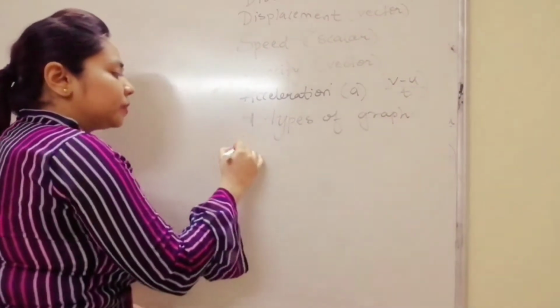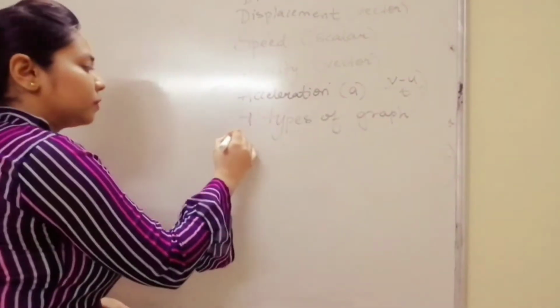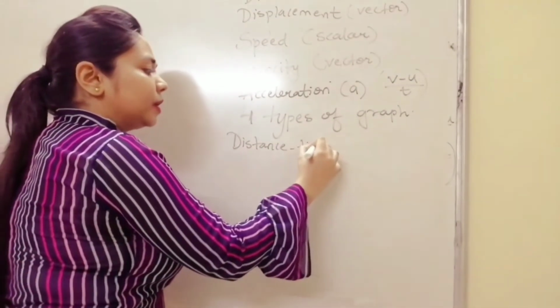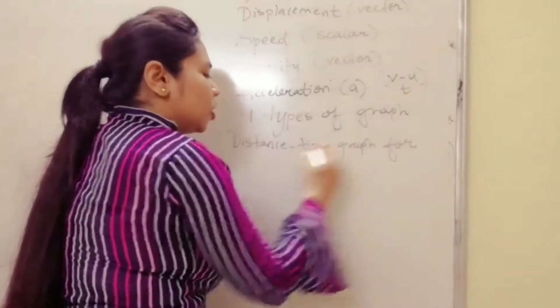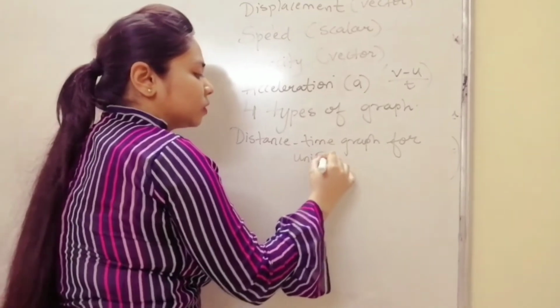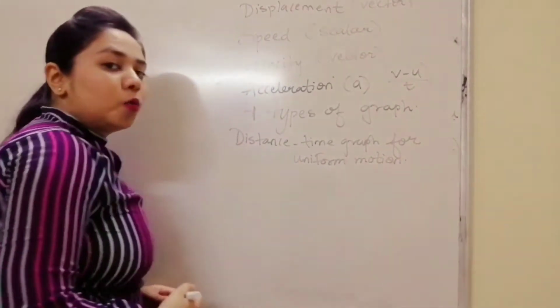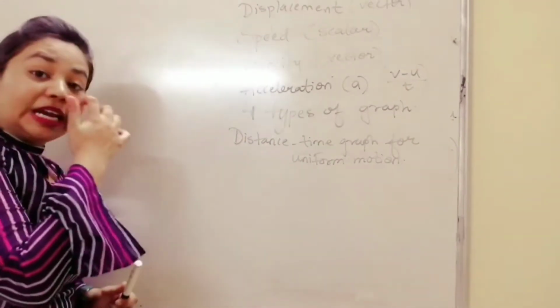Which were they? Distance time graph for uniform motion. What is uniform? Uniform is something which remains constant or is equal everywhere or every time.